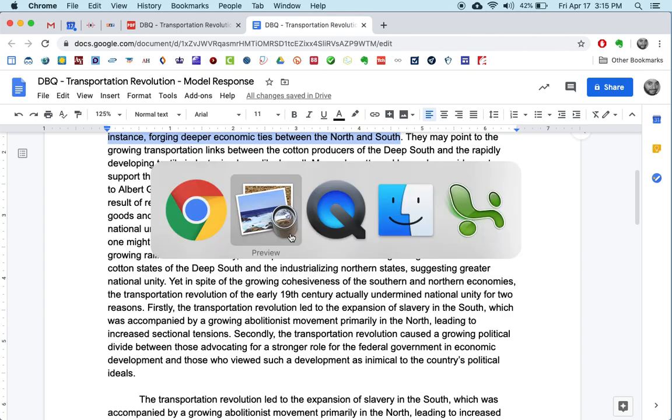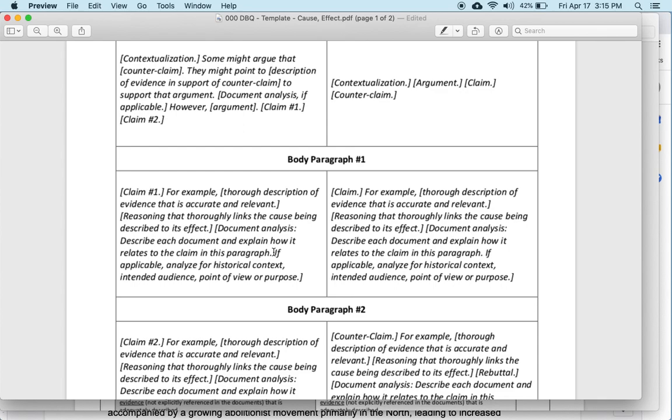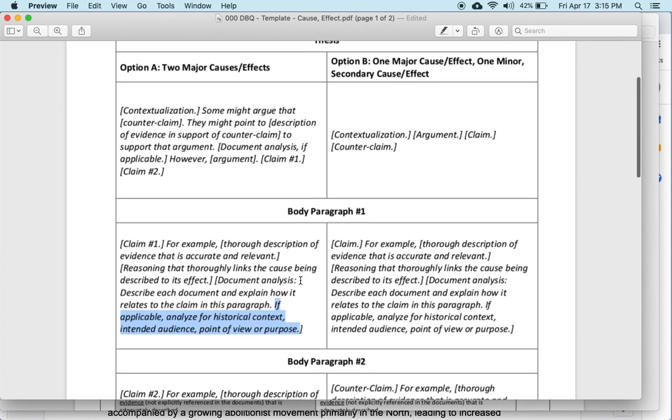Now notice that for 3 of the 6 documents that you use in your essay, you are expected to also analyze for historical context or intended audience or point of view or purpose. I did not do that for any of these 3. I will do it later for the 3 that I use in my body paragraphs, and I'll point that out.